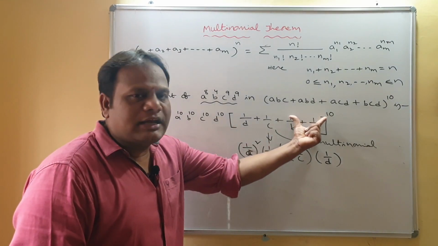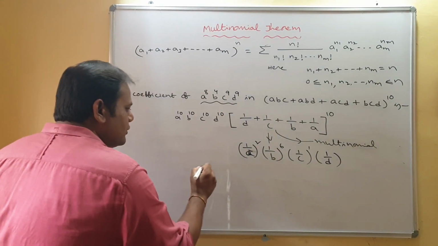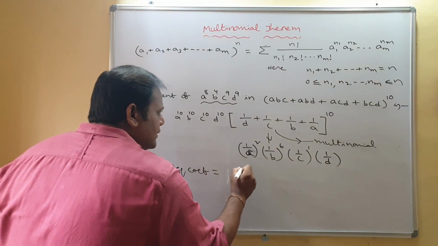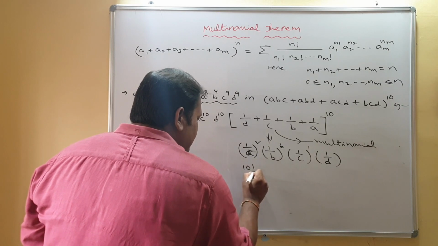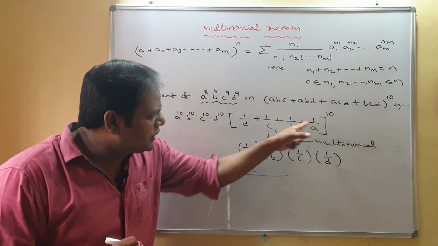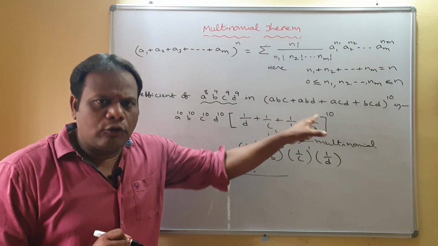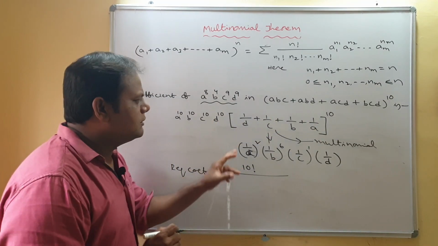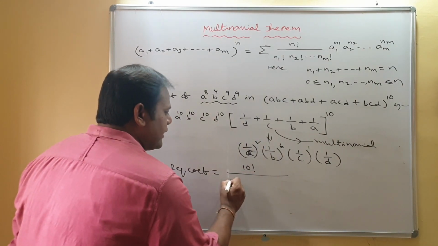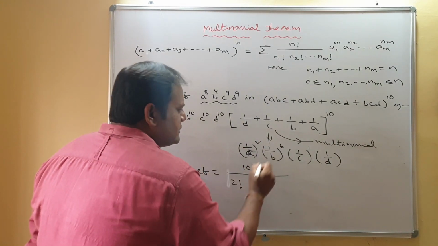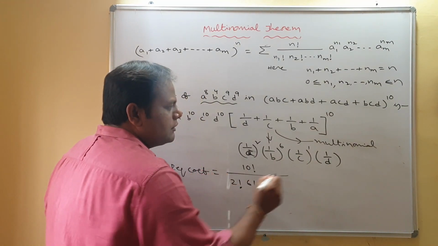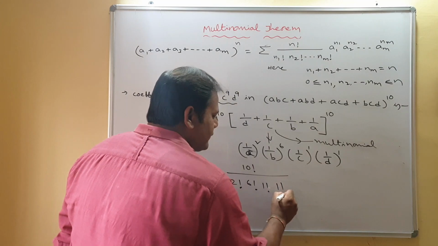Okay, you apply the multinomial concept here. So the required coefficient: n is 10, so 10 factorial by, for 1 by a, totally how many are there? 4. For 1 by a, the power is 2, so 2 factorial. For 1 by b, 6, so 6 factorial. 1 by c, 1, so 1 factorial. 1 by d, 1, so 1 factorial.